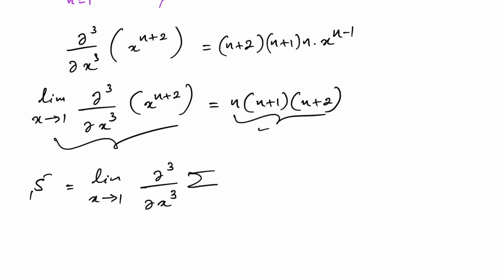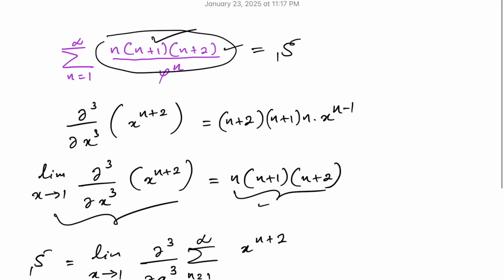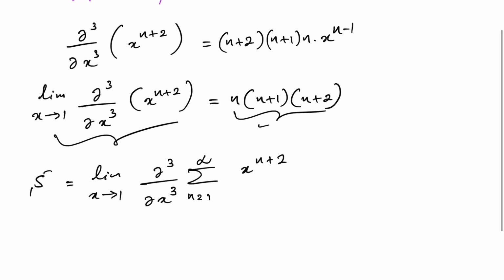of the sigma notation, the infinite sum from n equals 1 to infinity, of x to the n+2, because we have (n+1)(n+2), over phi to the n.